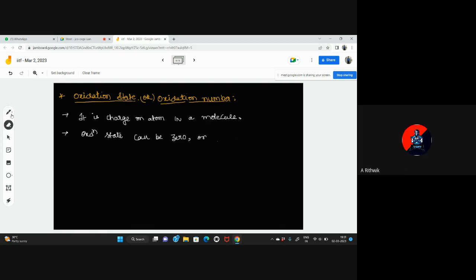Sir, like proton, neutron, and electron only? No, that is completely different. If I take hydrogen, it always has one proton and one electron only. But it depends on which atom the hydrogen is combined with, so its oxidation state changes.